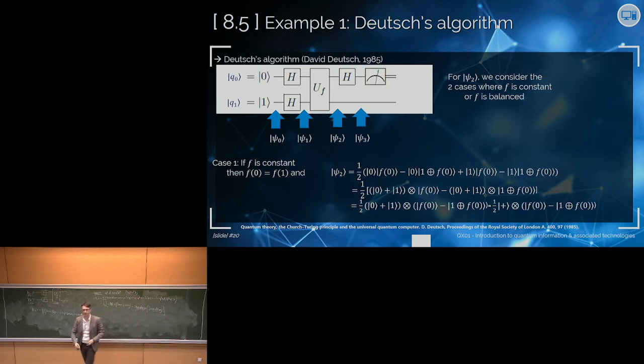Now I've got 0 plus 1 and 0 plus 1, so I can factorize this, and I will end up with 1/2 of 0 plus 1, and then times f0 minus 1 plus f0.